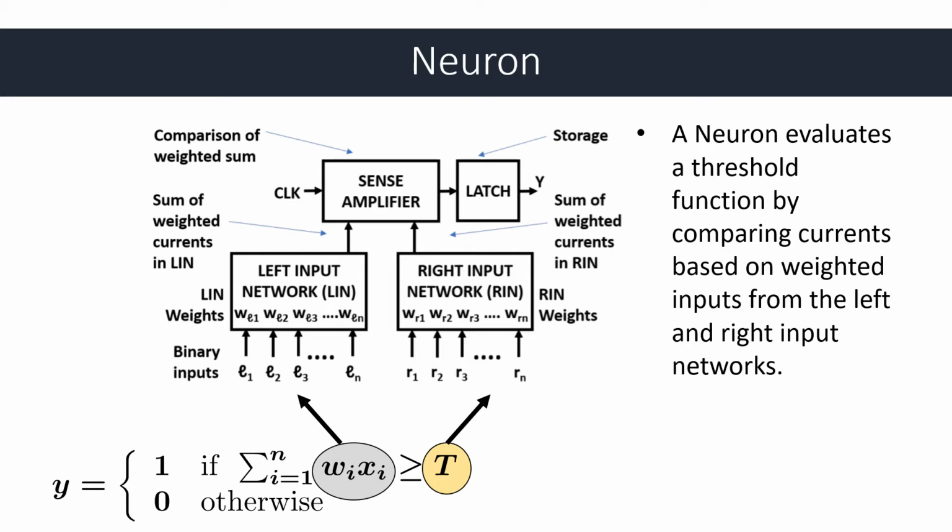Finally, the latch stores the result of the threshold function. In simplified terms, a neuron is equivalent to a flip-flop with embedded logic functionality. Note that a neuron is built using flash transistors, which are CMOS compatible.